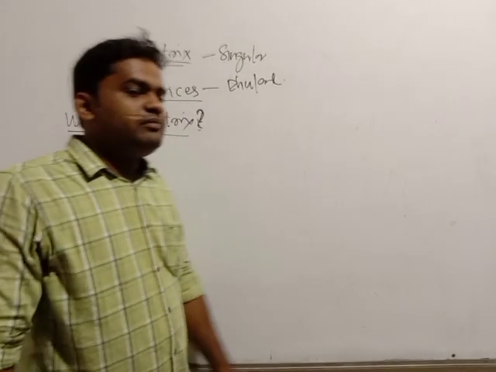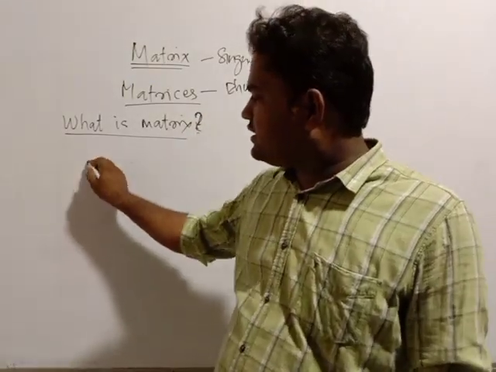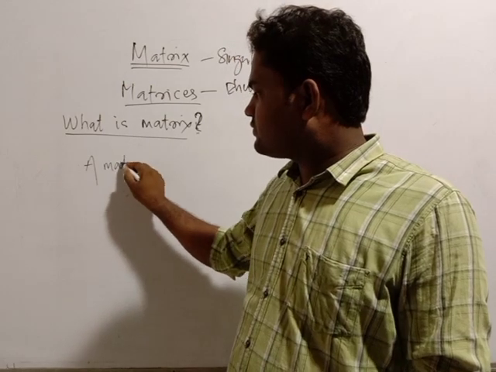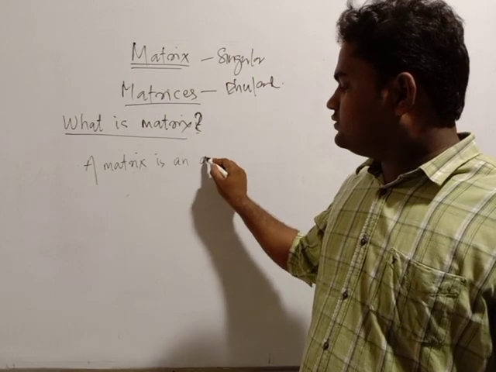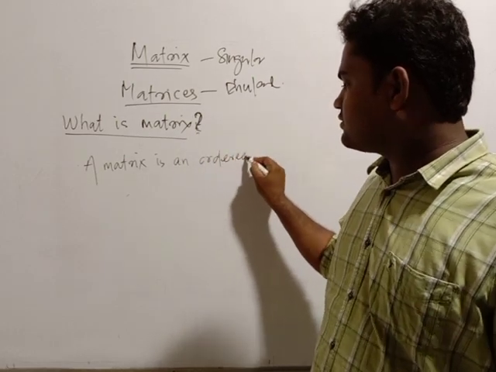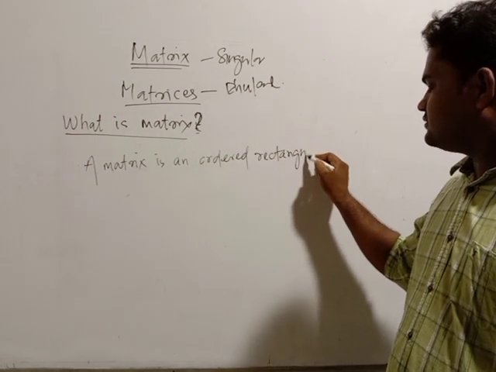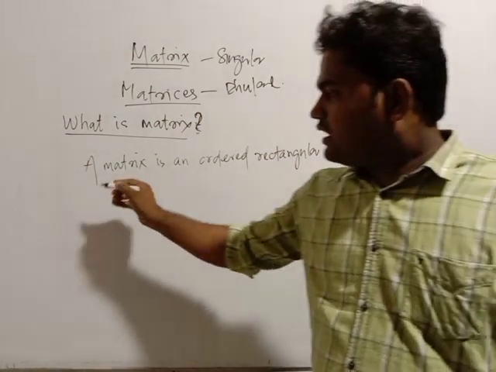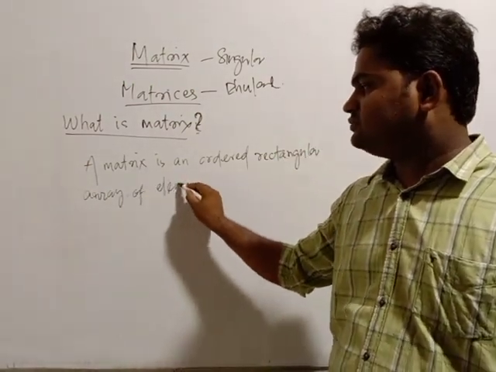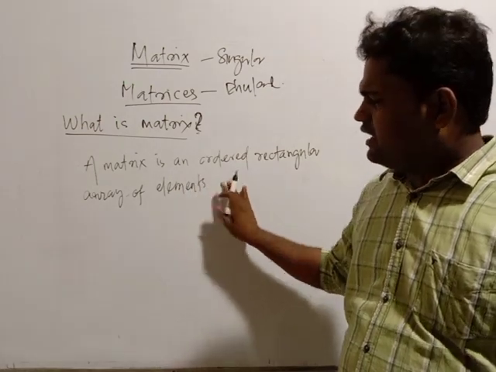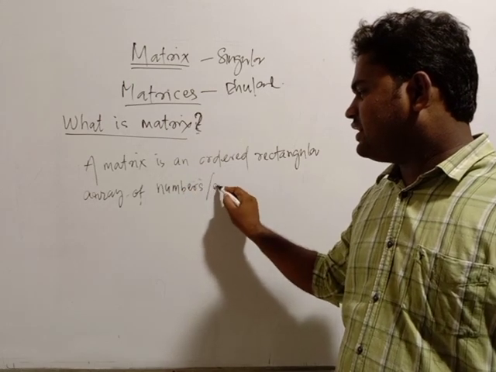Simply, a matrix is an ordered rectangular array of numbers. A matrix is an ordered rectangular array of elements, array of numbers or expressions.